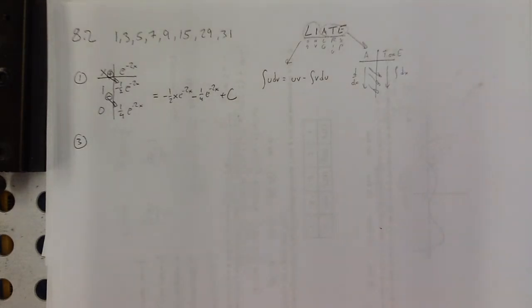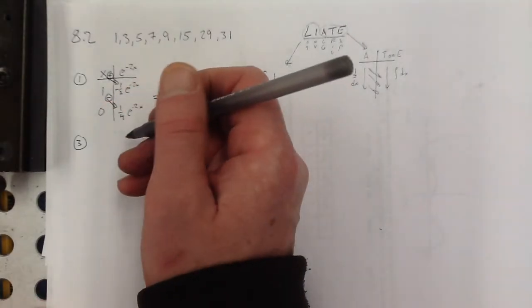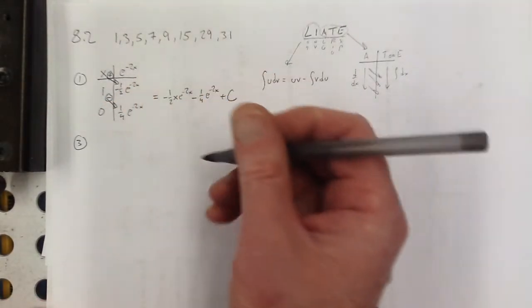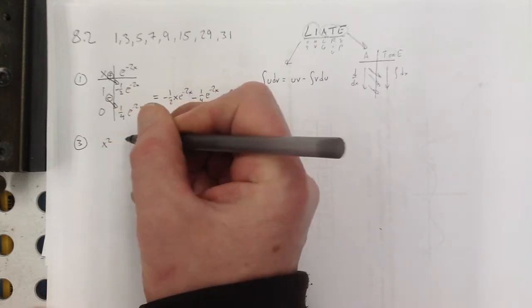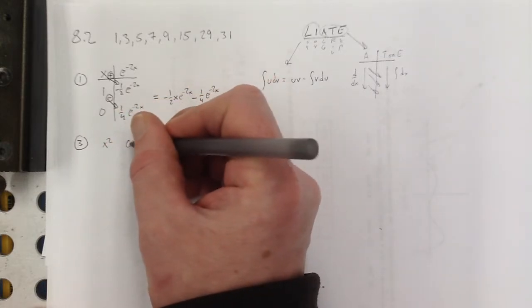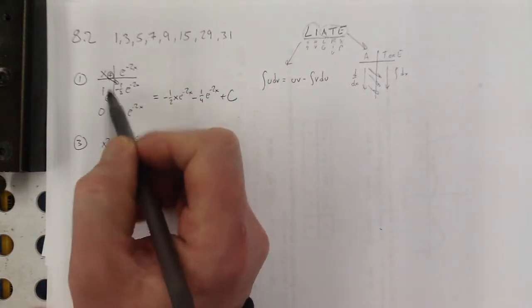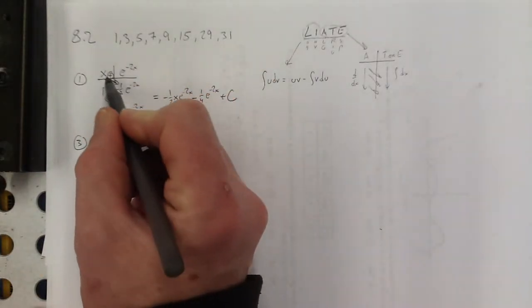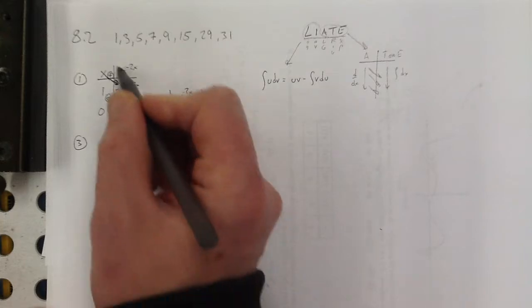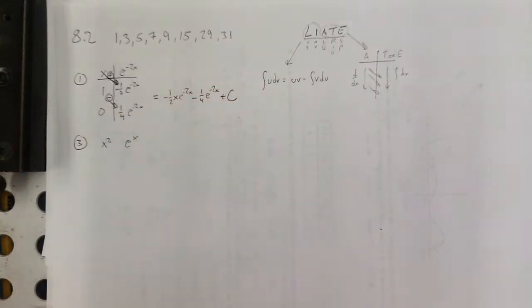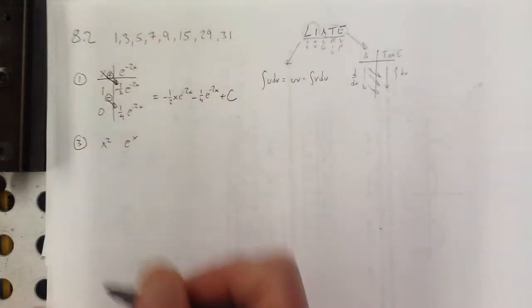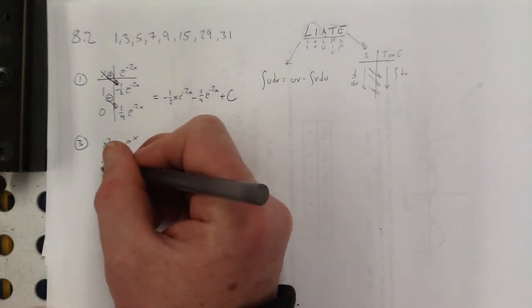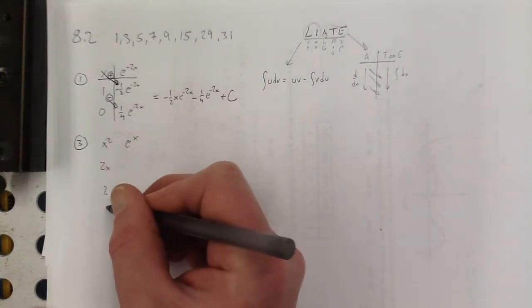Okay, let's do number 3. It looks like another x squared and e to the x. This little table thing that I drew here, I'm not crazy about that because I didn't like the way I had to draw that. I hadn't made one of these in a little while, so I'm going to not do that table thing and just take my derivatives here till I get 0.